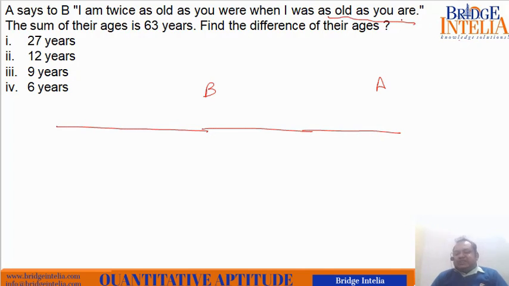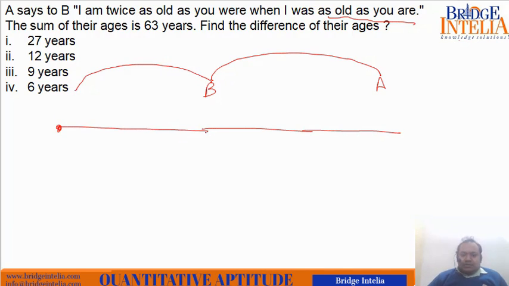So shift back in time. A says to B that if I become of your age, that means if I go back in time by this much, B will also go back in time exactly that much.